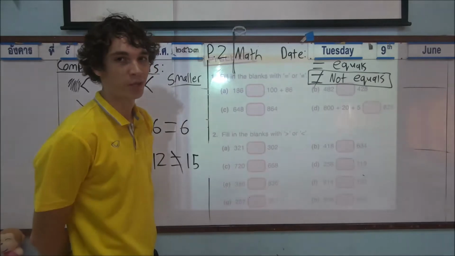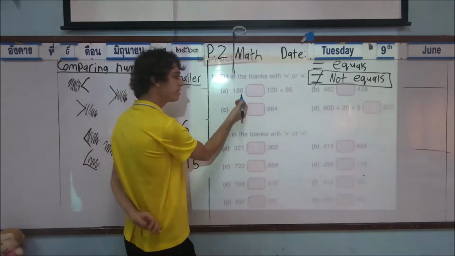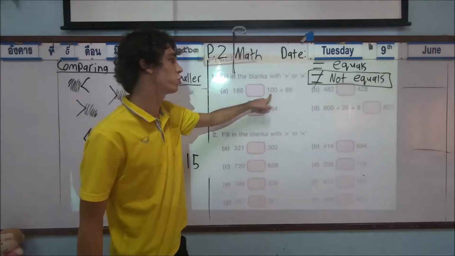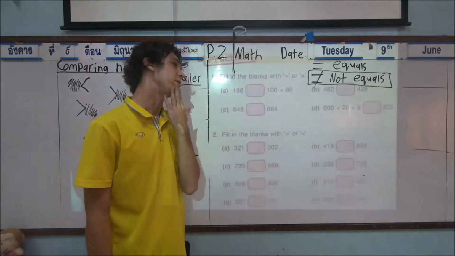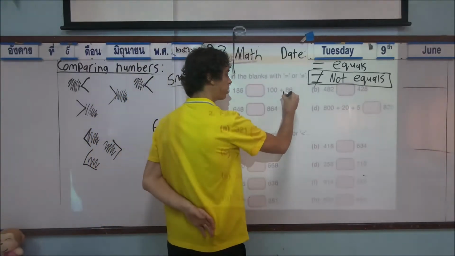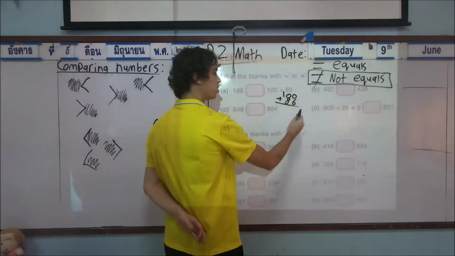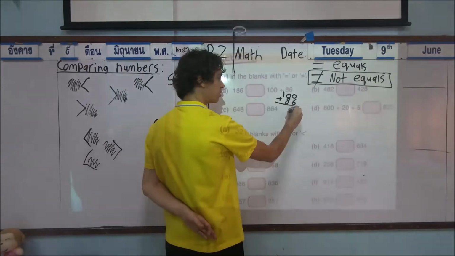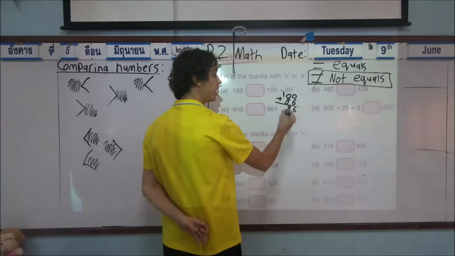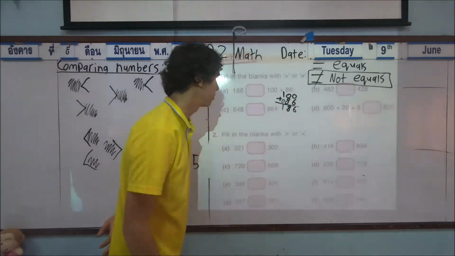So let's see this. 186. This side I have 100 plus 86. So let's do that. 100 plus 86. 0 plus 6, 6. 0 plus 8, 8. 1 plus 0, 1.